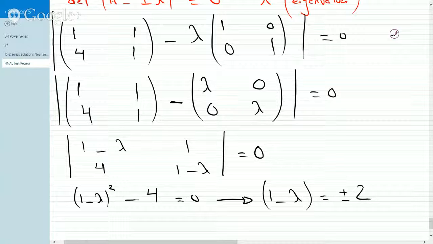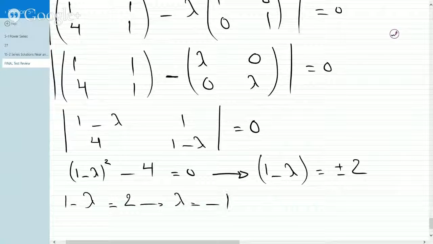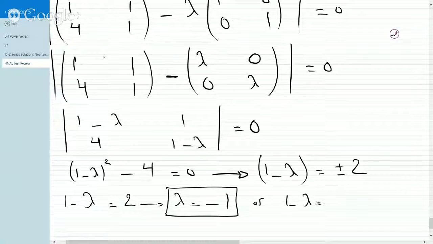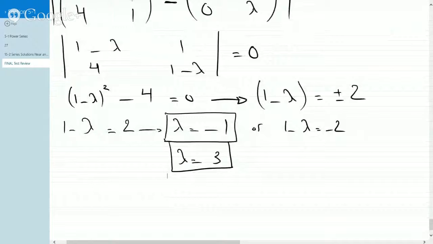So 1 minus lambda is equal to 2, which makes lambda equal minus 1. So that's one eigenvalue. Or 1 minus lambda equal minus 2, which makes lambda 3. And that's the second eigenvalue.